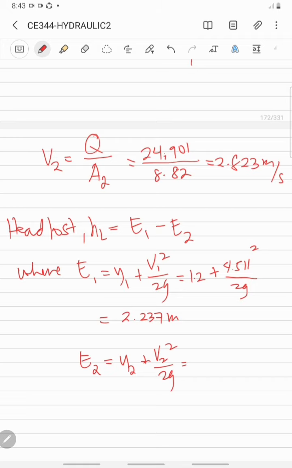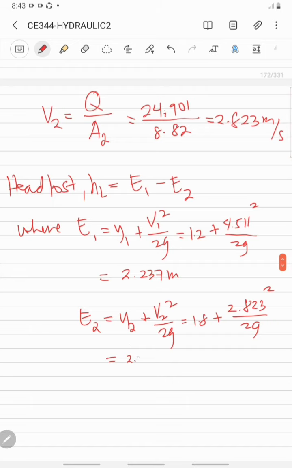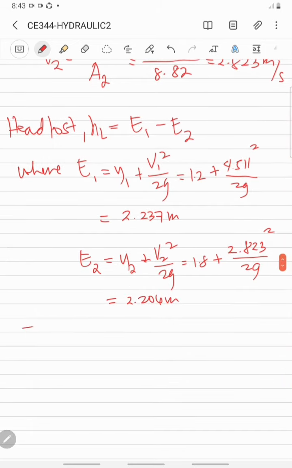The specific energy after the jump is equal to y2 plus v2 squared over 2g. The depth after the jump is 1.8, and the velocity is 2.823. So 1.8 plus 2.823 squared divided by 2g, that is 2.206 meters. Then we have to compute the head loss.